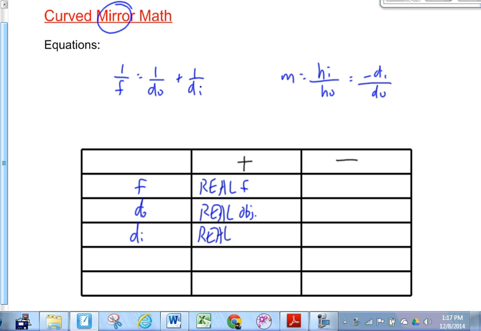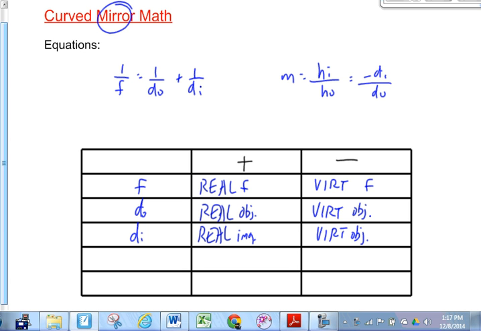And di is real if you have a real image. Versus a virtual focal point, a virtual object, and a virtual image. This looks exactly the same as it did for lenses, right? It's the exact same table.